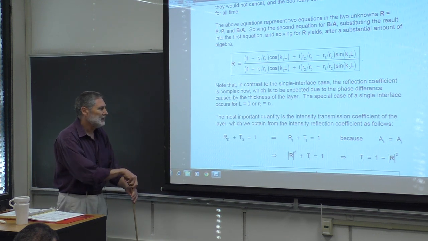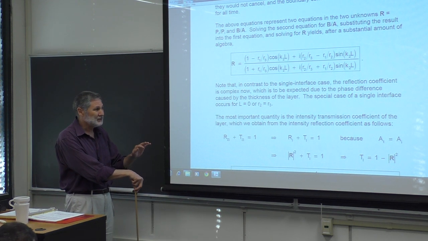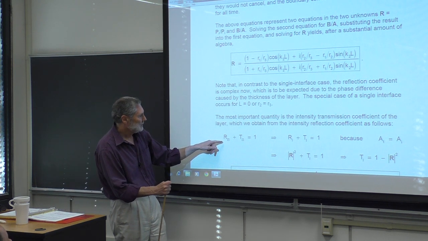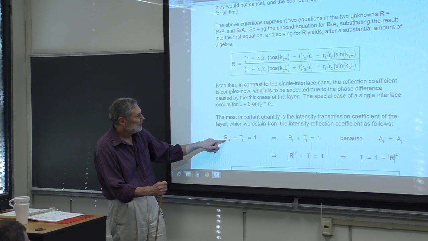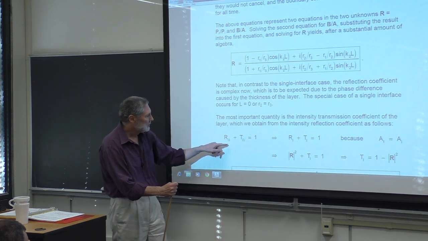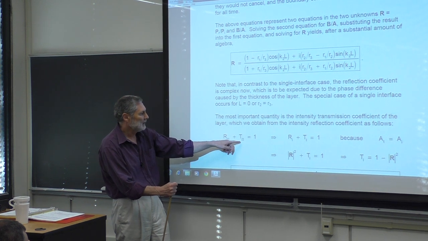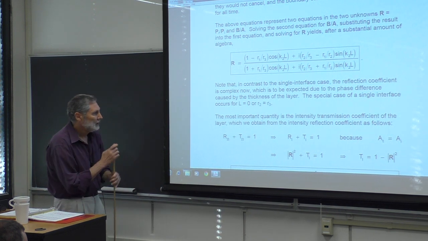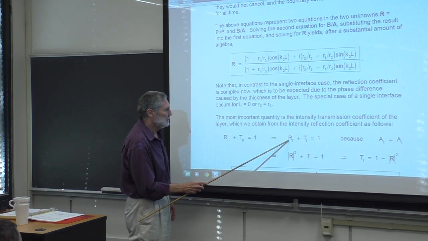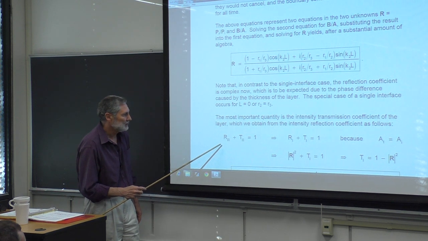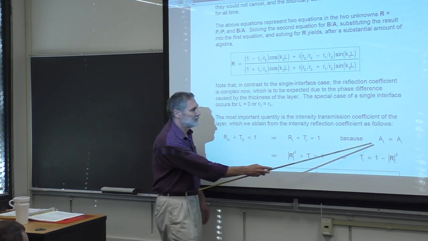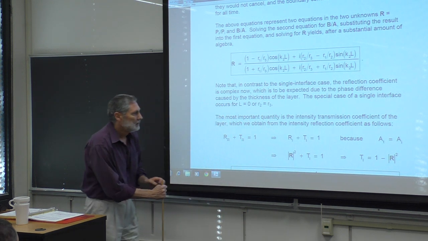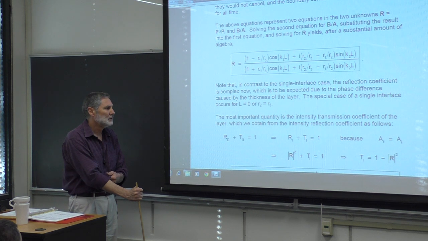The transmitted can get complicated because it's a different medium. So we avoid that, and we just use energy conservation here. We know that the power coming in, whatever percentage is reflected, 100 minus that percentage has to be the transmitted power. And we know that the intensity coefficients have to be identical to the power ones because we don't have dissimilar areas. We have normal incidence, as we talked about in the first lecture on this.